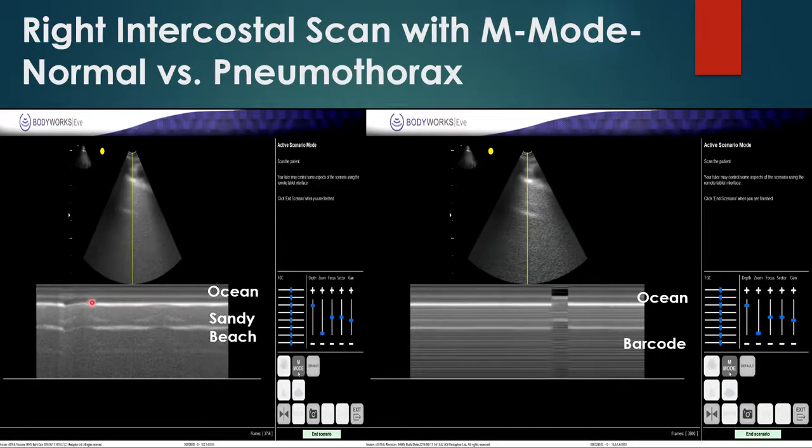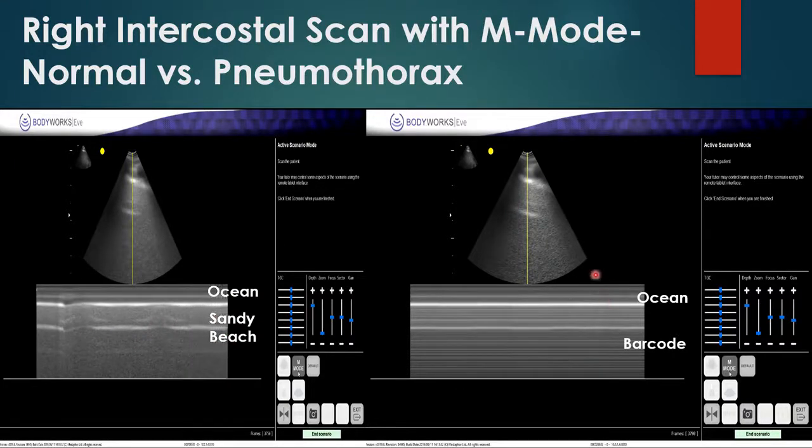You've got the pleural line here, and you've got an ocean effect because you have no real movement in the parietal pleura, but across the pleural line and the visceral pleura, you do have lung movement. You can see the lung going up and down. So you have an ocean effect, which is pretty much stable visually, and then you've got a sandy beach, which is rather speckled, and you've got some A lines interspersed in there.